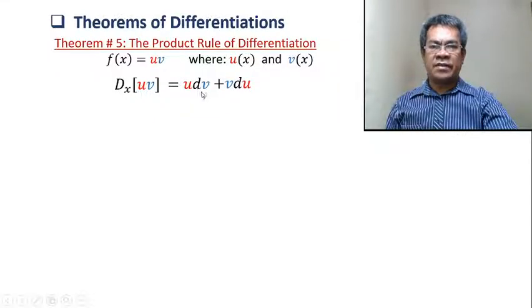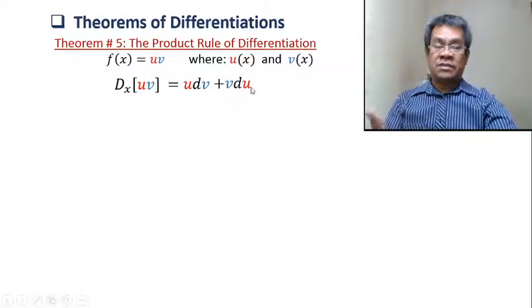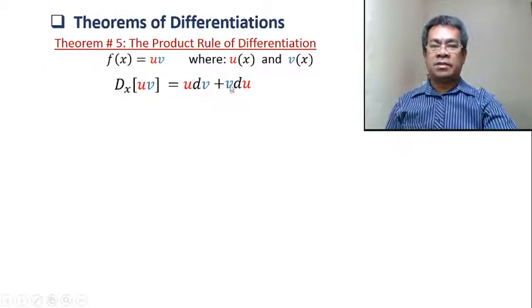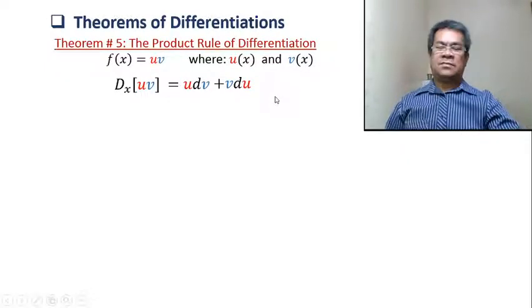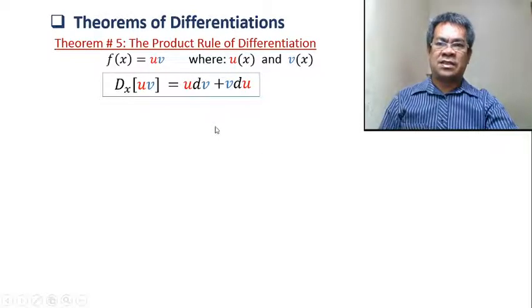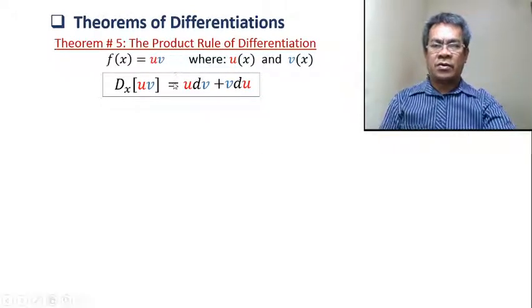In the first term, v was differentiated, but we copied u. In the second term, u was differentiated, but we copied v. We copy everything in the u function and differentiate the v, which is a function of x. As simply as that, this is the product rule.